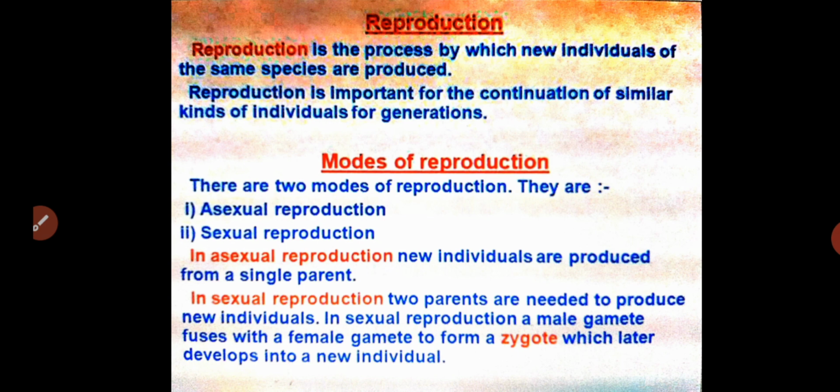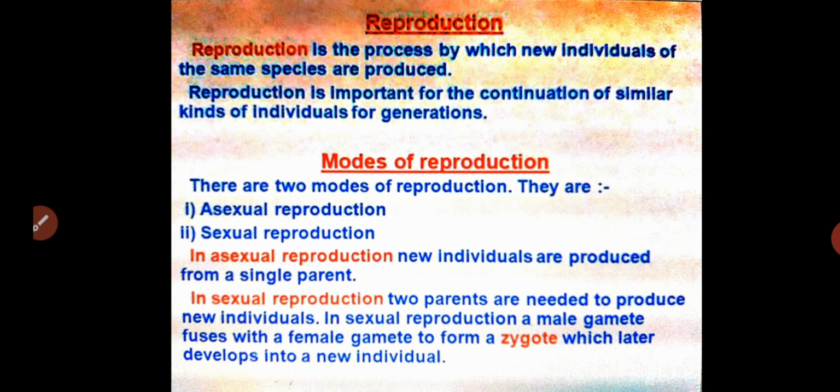A male gamete fuses with a female gamete to form a diploid zygote, which later develops into a new individual.